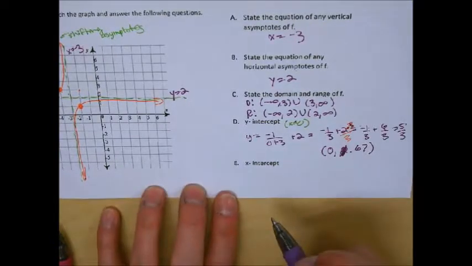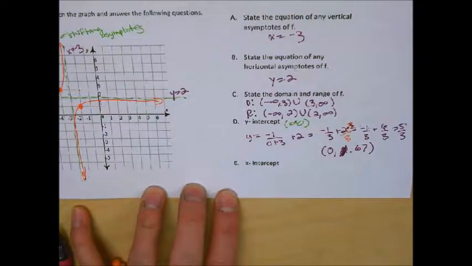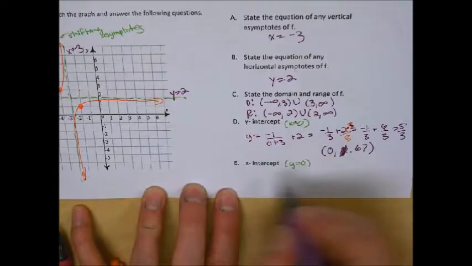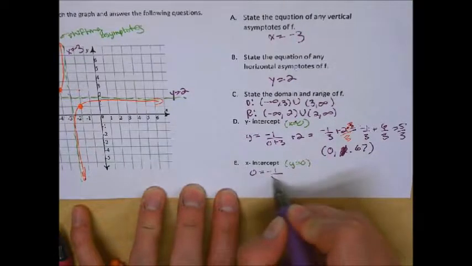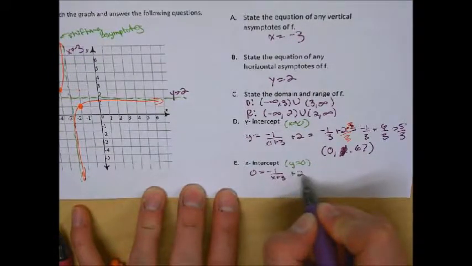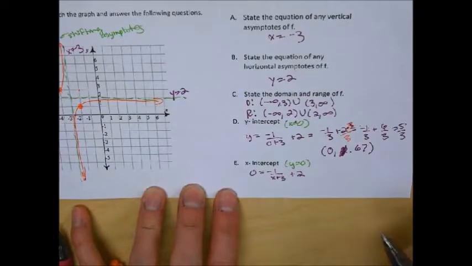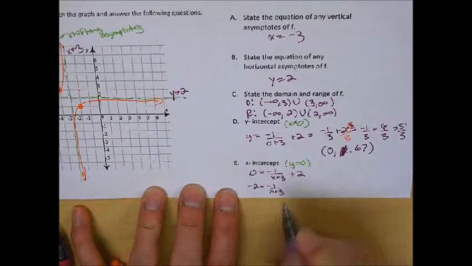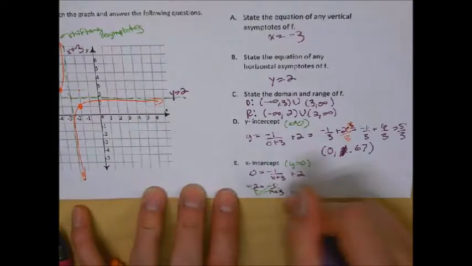For our x-intercept, we make y equal to 0. So we're going to subtract the 2 over. Put this over 1, cross multiply.